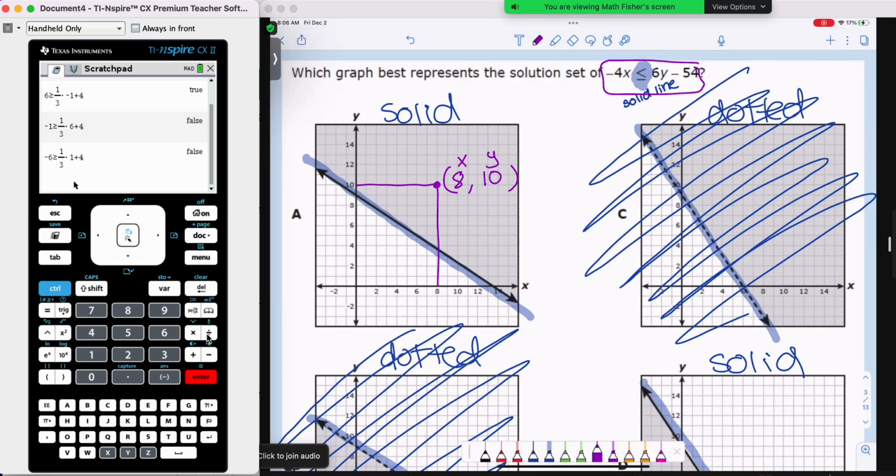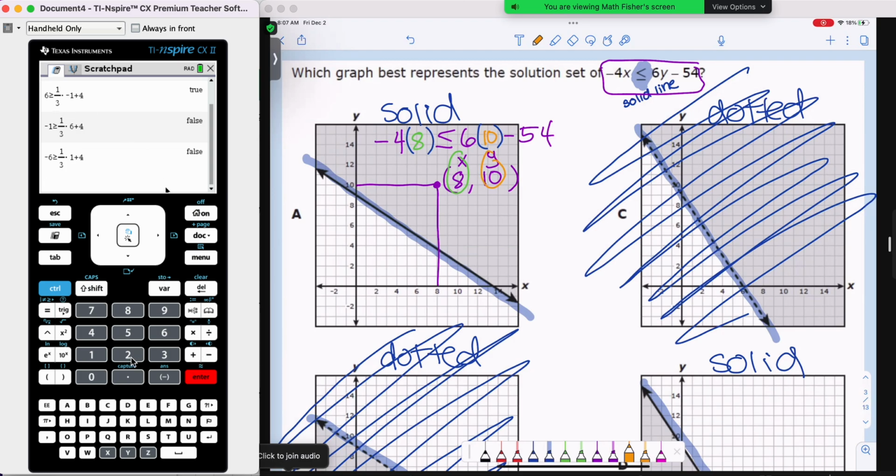So I'm going to write it right here: negative 4x less than or equal to 6y minus 54. I'm going to put my parentheses. I'm going to erase my x and put 8, then erase my y and put 10. Then I'm going to jump to the calculator and do true and false.